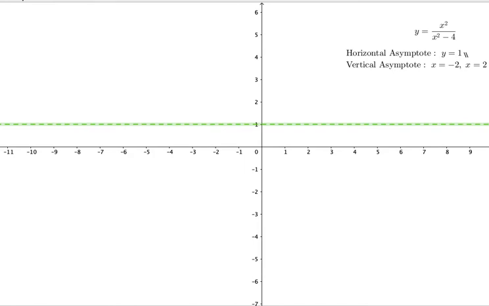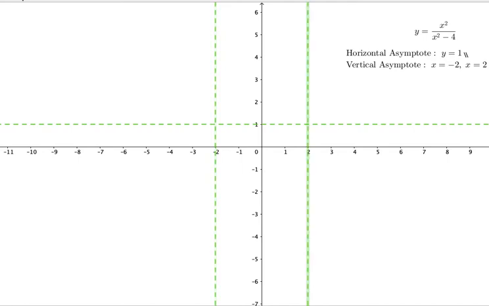It also tells me my vertical asymptotes. Now, if I may ask you, what are my non-permissible values of this expression? My NPVs are going to be x cannot be equal to negative 2 or positive 2, which incidentally are vertical asymptotes. That's mostly the case, but not always the case.